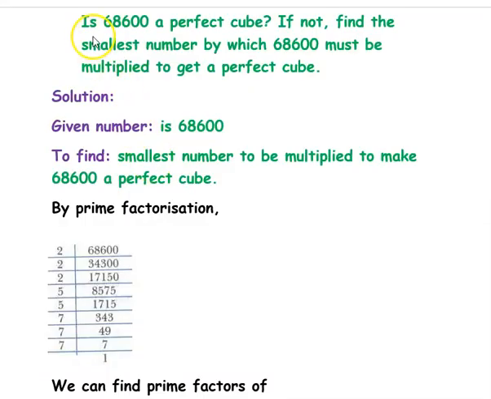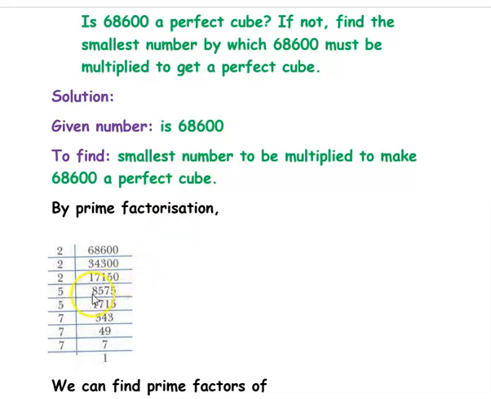The next example given is: is 68,600 a perfect cube? If not, find the smallest number by which 68,600 must be multiplied to get a perfect cube. So now the given number is 68,600. First step, we want to check whether the given number is a perfect cube.